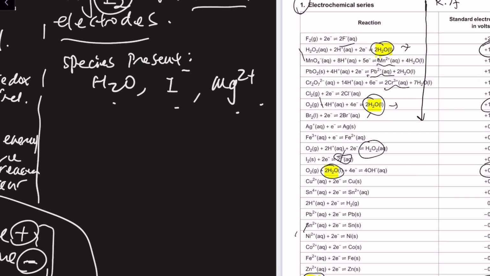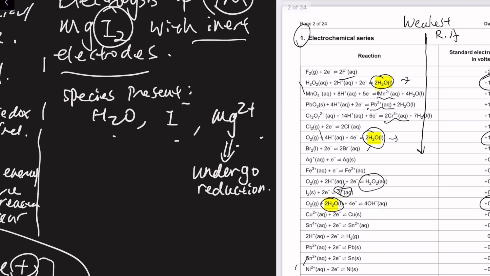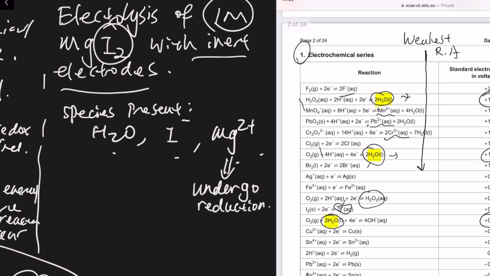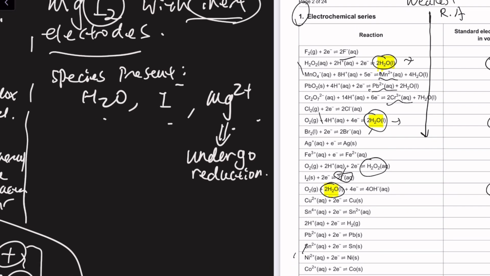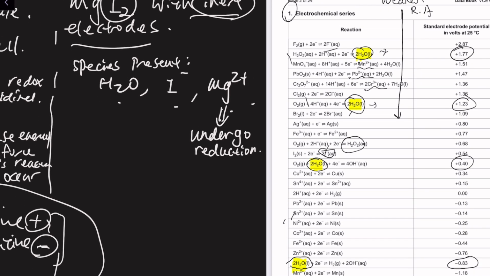Also, maybe it's useful to note the magnesium ion can only undergo reduction. So it can only gain electrons to become magnesium metal. And we have inert electrodes, so we don't need to worry about the choice of electrode or the potential for the electrodes to react.